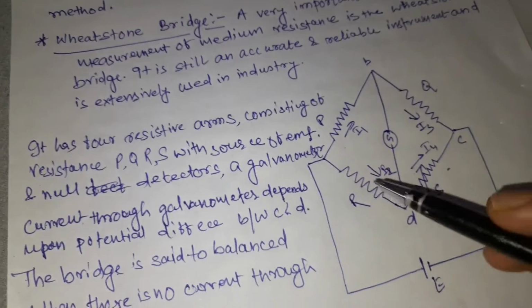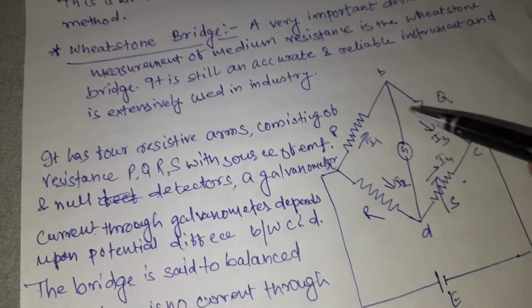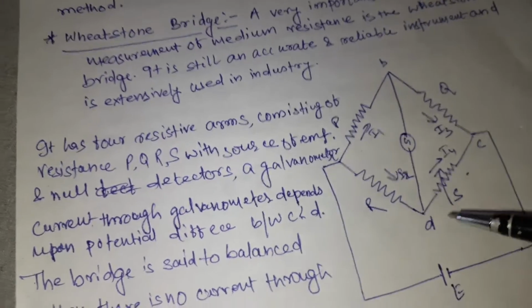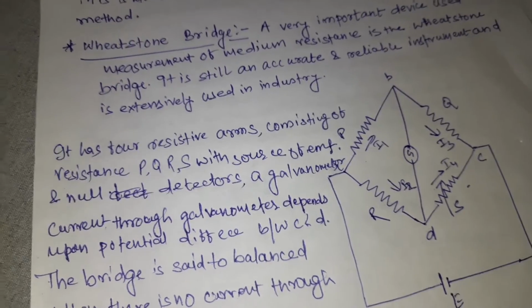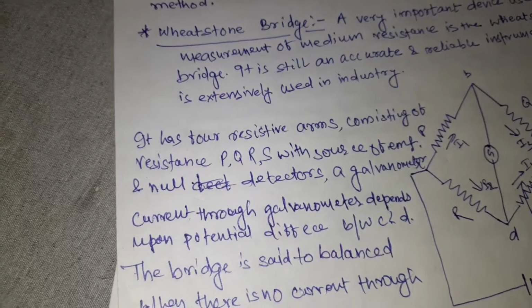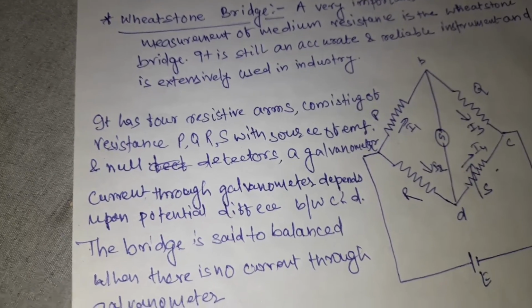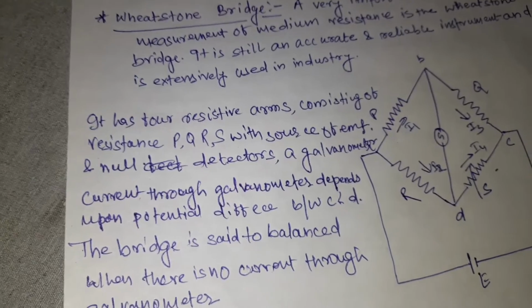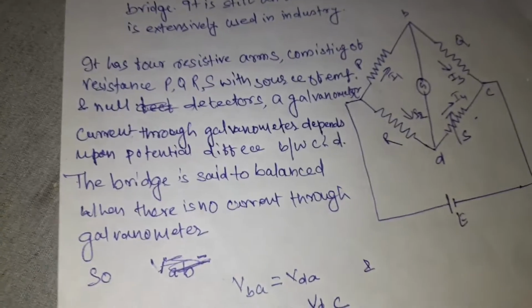They are connected in the form of a bridge, and there is one galvanometer that detects the null point in the circuit. So it has 4 resistive arms P, Q, R, S with a source of EMF and a null detector galvanometer G.